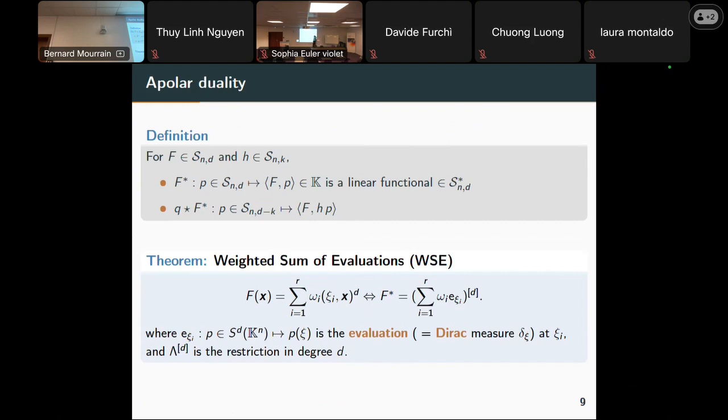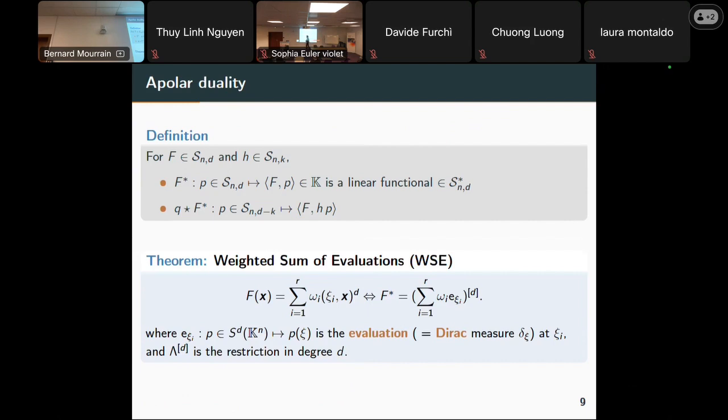We have a bit more than just vector space duality, because with polynomials we can make products. We can multiply a polynomial of degree k with a polynomial of degree d minus k, and we obtain a homogeneous polynomial of degree d.